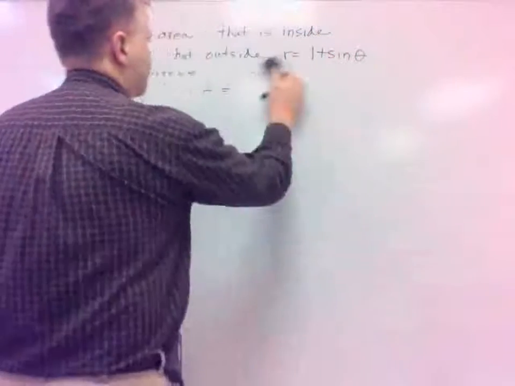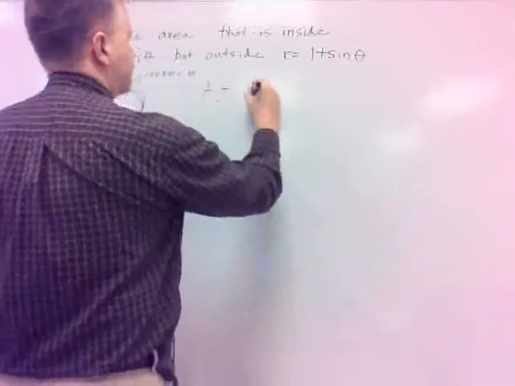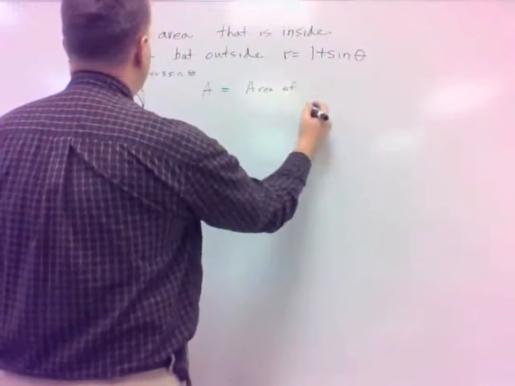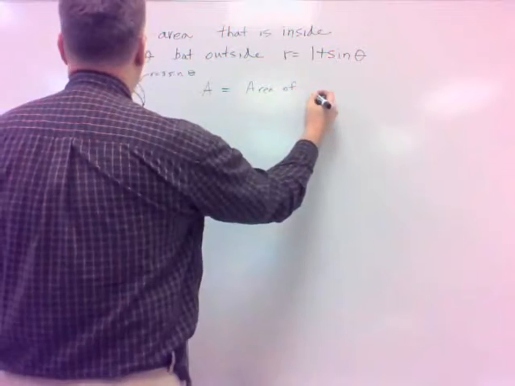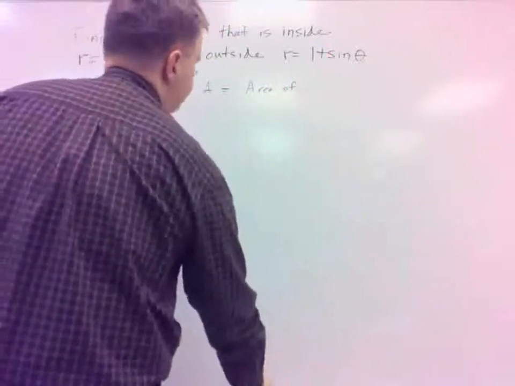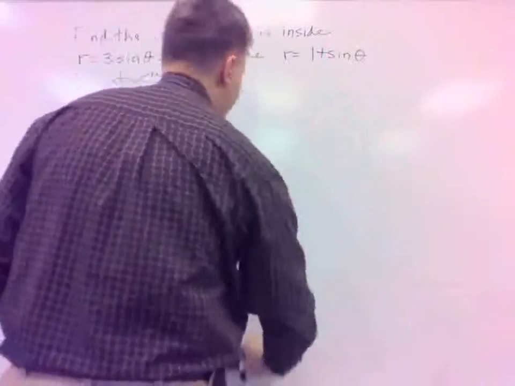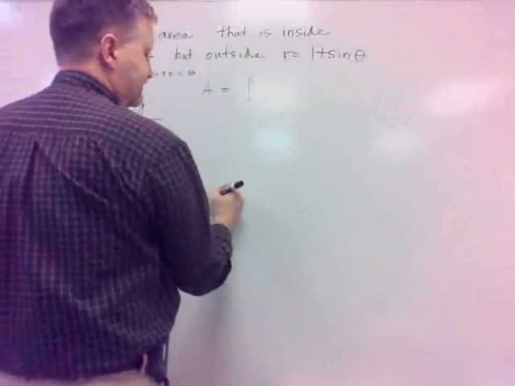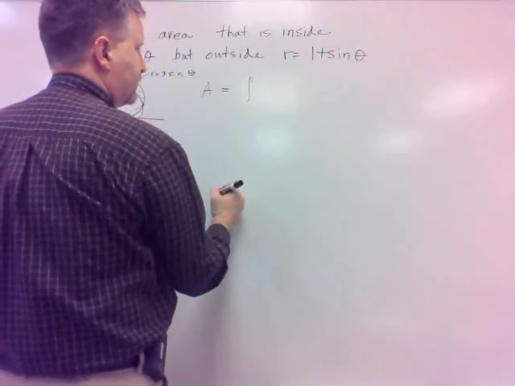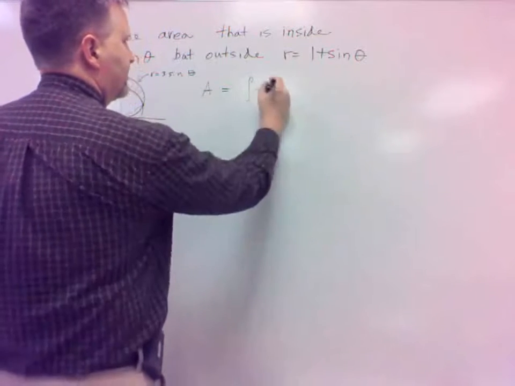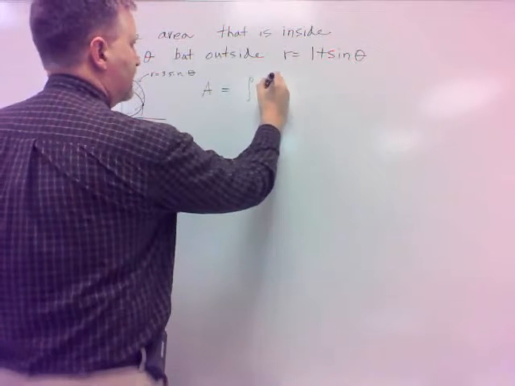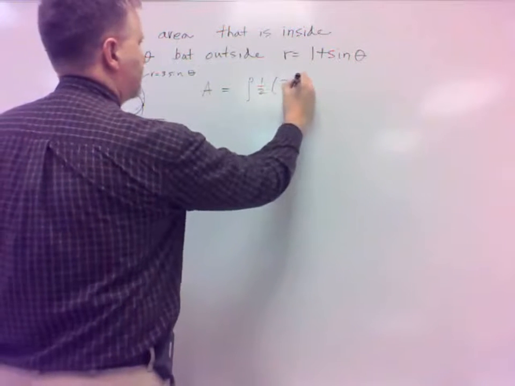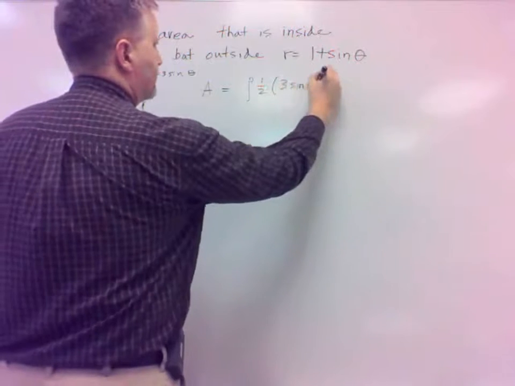Let's put it this way. Let's do this one. Okay, remembering that the area of a curve in polar form is 1/2 r squared d theta.